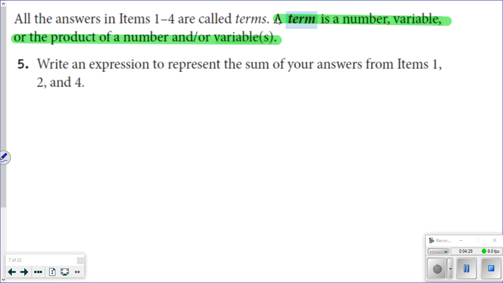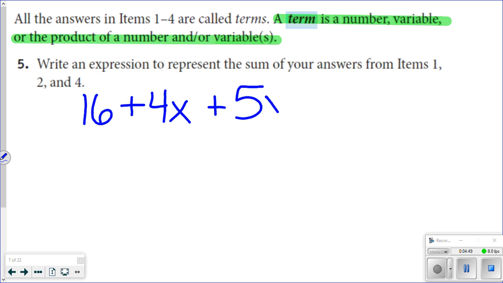So question 1 was 16, and the sum needs to add. Question 2's answer was 4x, and then sum means to add. And question 4's answer was 5x squared. So this is still an expression because I have no equal sign.